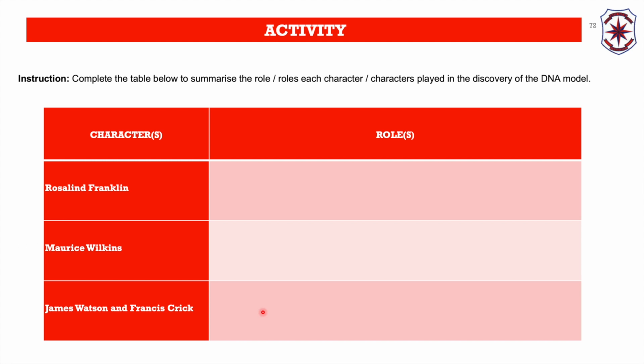Now please pause, go back to the extract, listen to it again, and fill in the different roles that are played by these different characters. Before you look at my corrections, compare that to your corrections. And if you have any additional thing that you need to add, please do add that in the comments to this video. So, what role was played by Rosalind Franklin in the discovery of the DNA model?